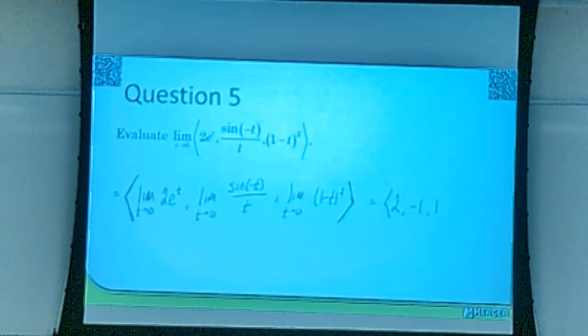There's your limit. 2, negative 1, 1. Again, very, very straightforward. And notice, there's nothing new there. Right? That was all Calc 1. We just did it 3 times because there were 3 components.